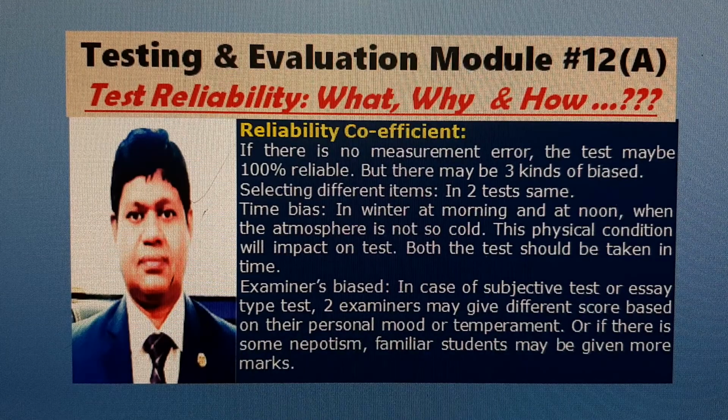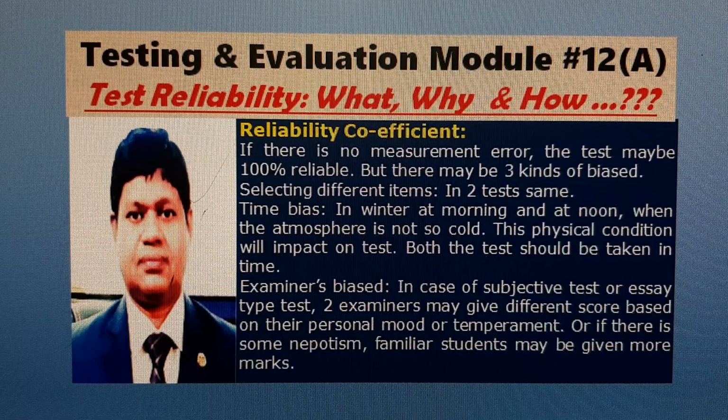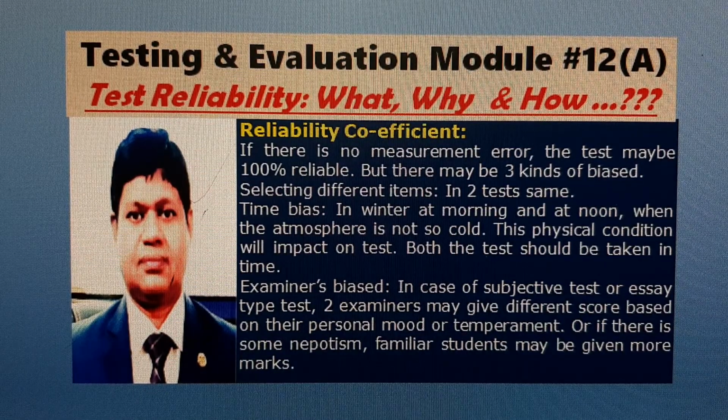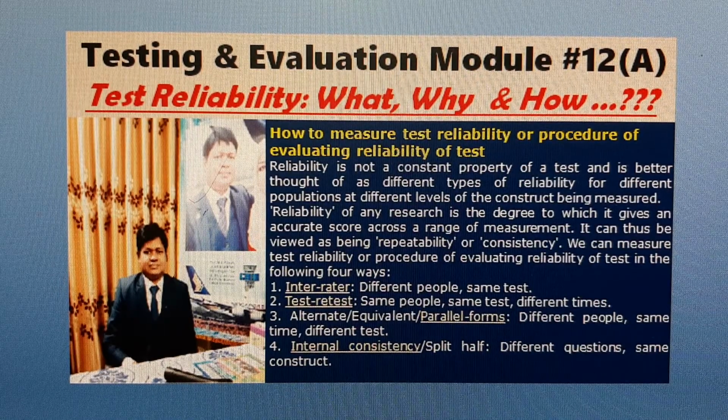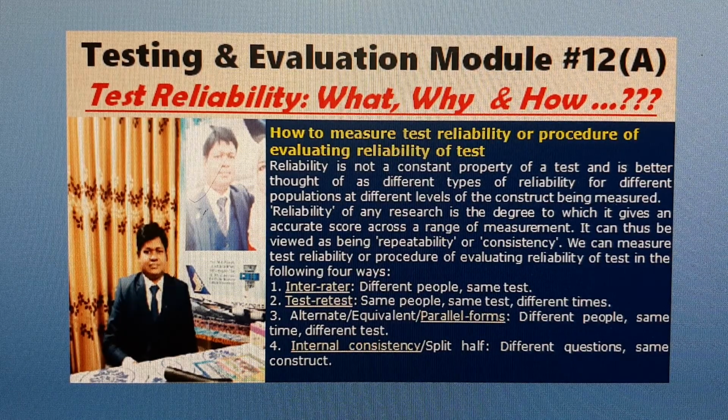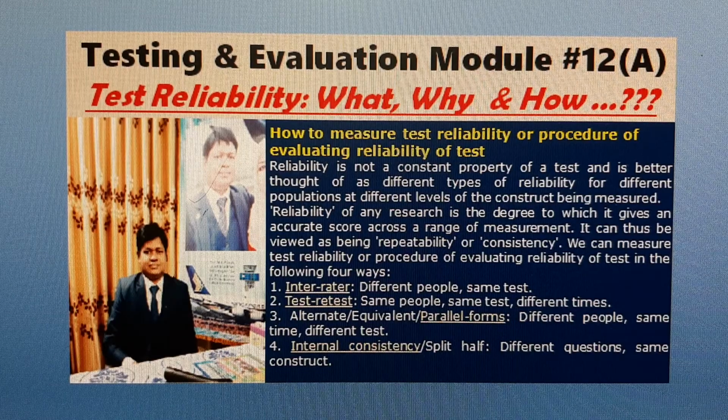Guys, now I'm going to discuss how to measure test reliability, or the procedure of evaluating reliability of a test. Actually, reliability is not a constant property of a test and is better thought of as different types of reliability for different populations at different levels of the construct being measured.